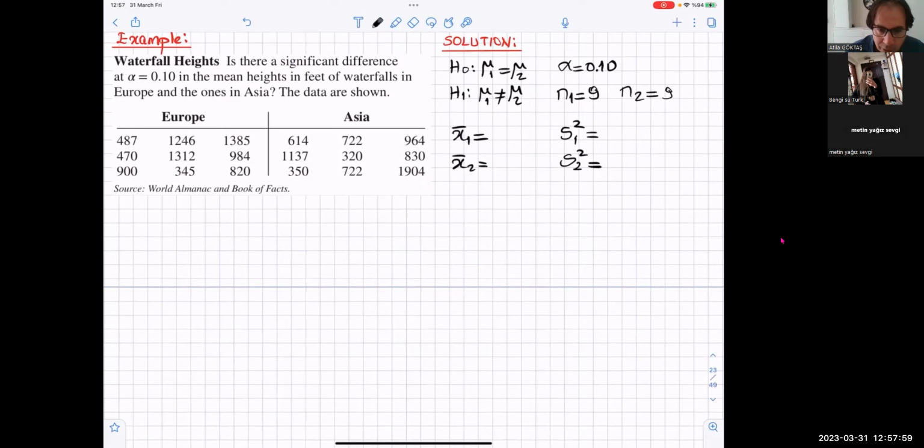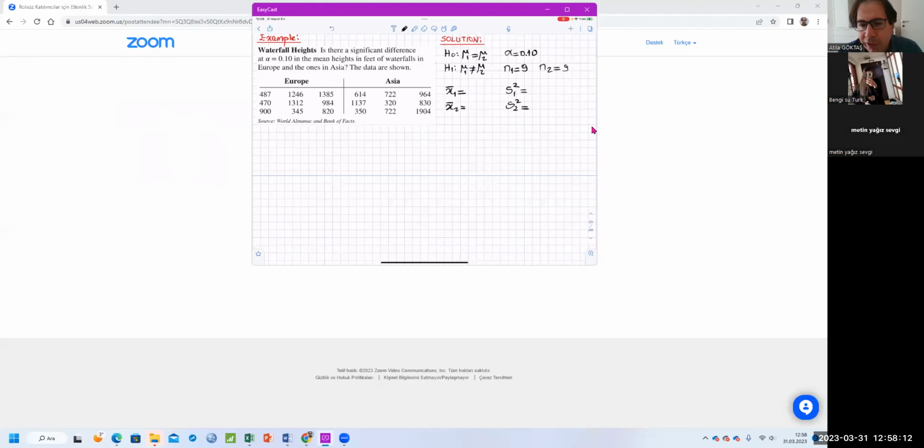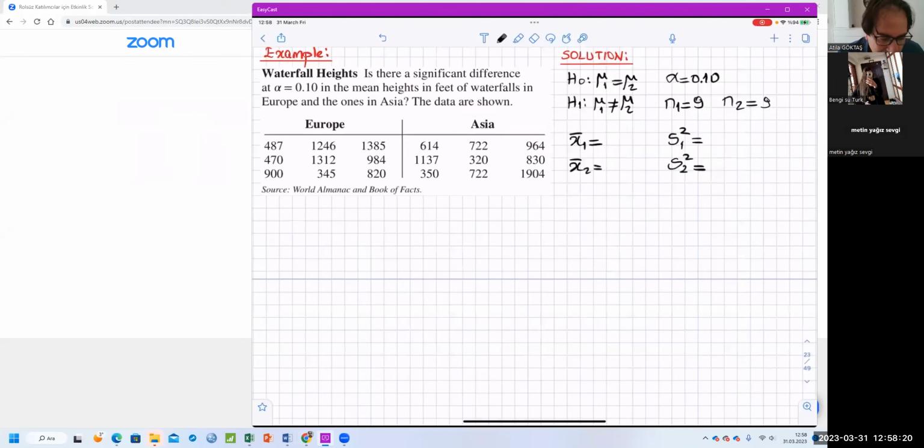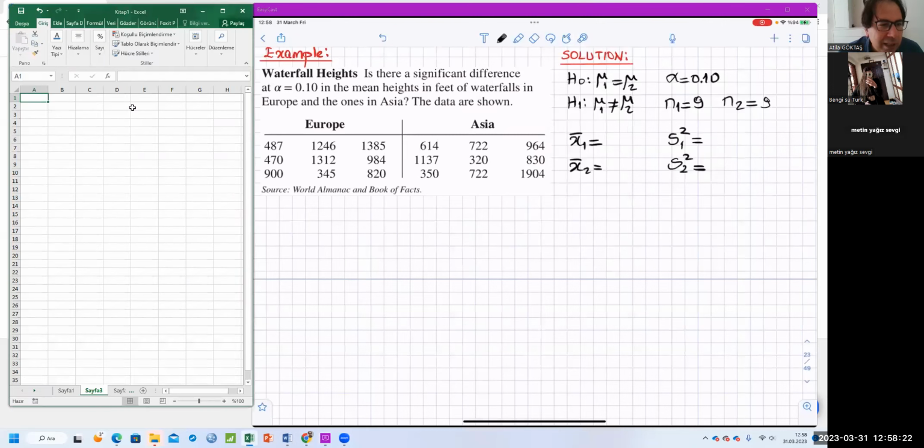What I'm going to do is perform this calculation in Excel. I don't want to use a scientific calculator at the moment. Let me see. I have an Excel here, and I can just type here.